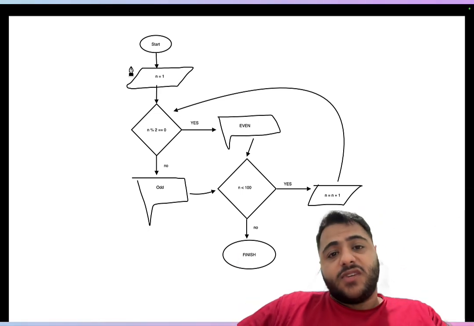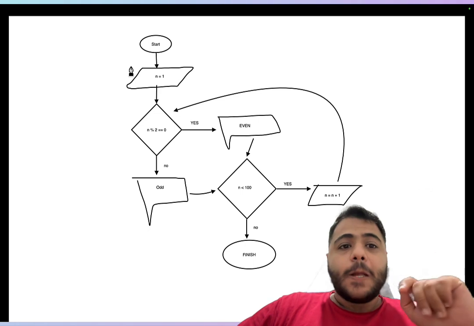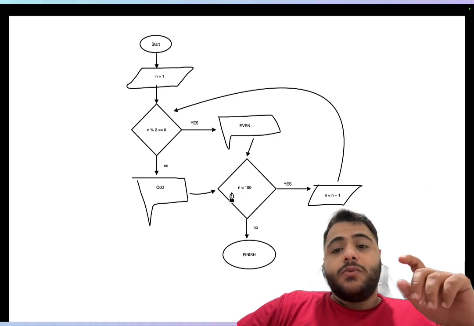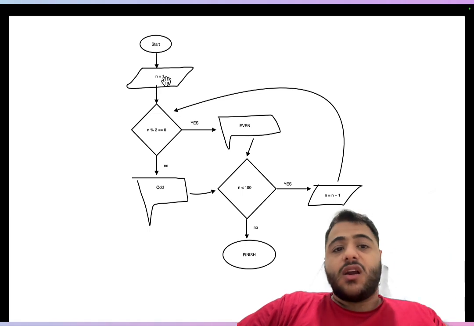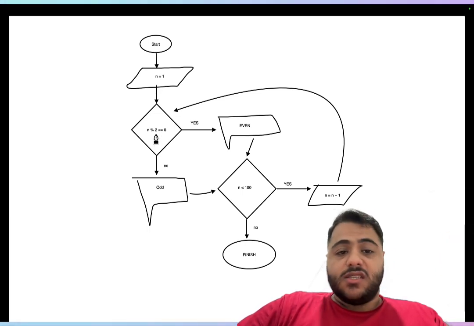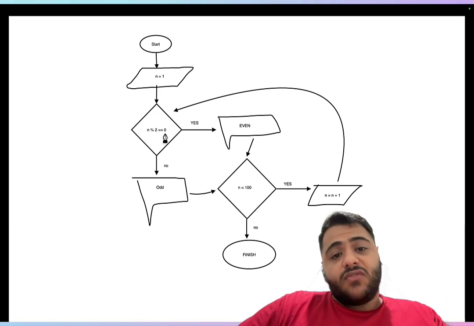But there's a difference between our latest algorithms and this, and the reason is we're going to loop back. We start with n is equal to 1, and then we check if it is divided by 2 has any remainder, in other words, if n is divisible by 2 or not.